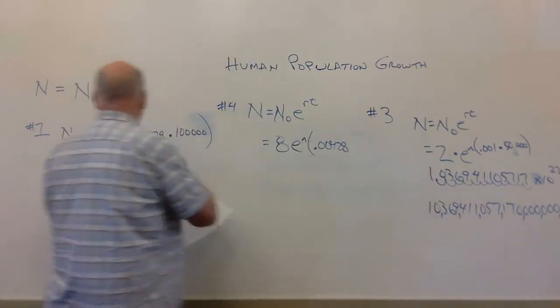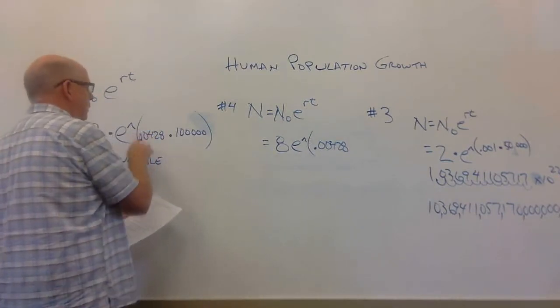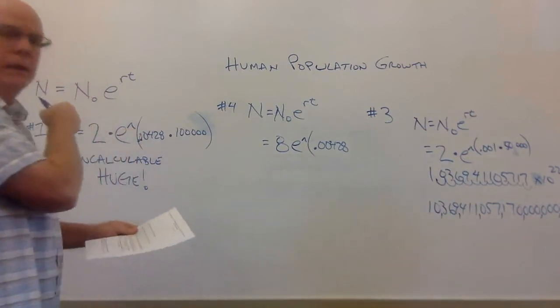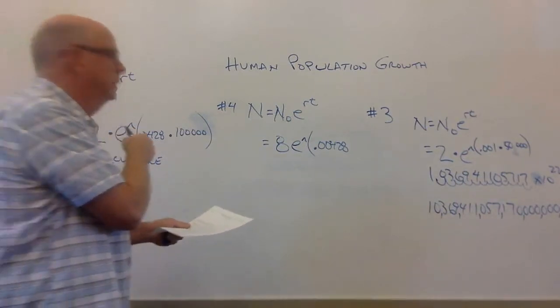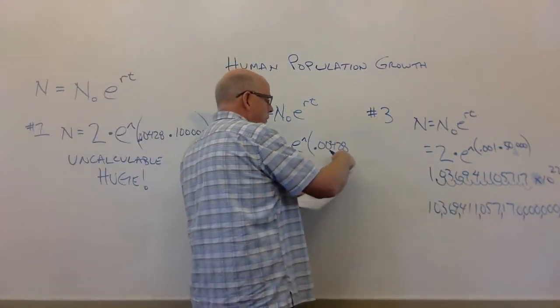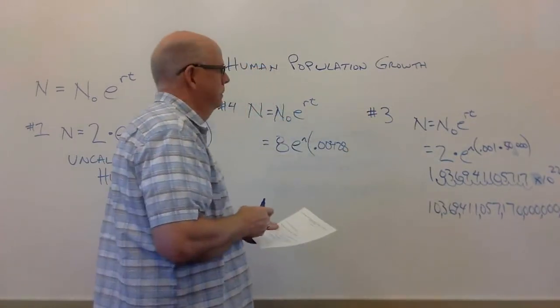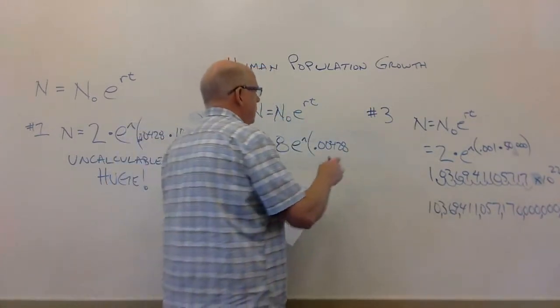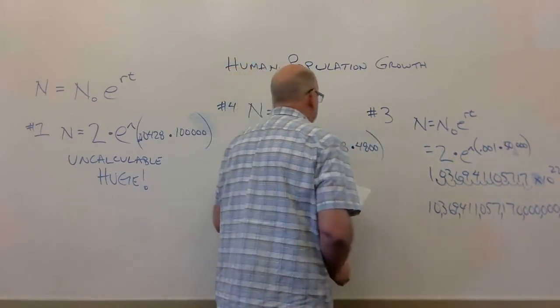I didn't write that the correct way over here, but I made a decimal point error in that example, didn't I? So 0.00428 over a period of 4,800 years, so multiplied by 4,800.